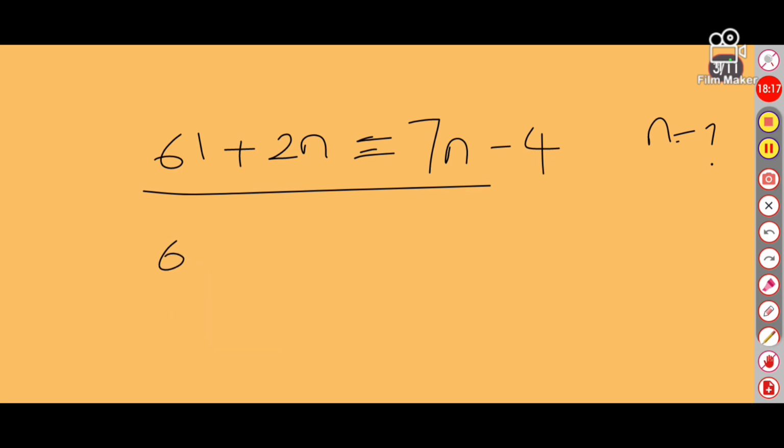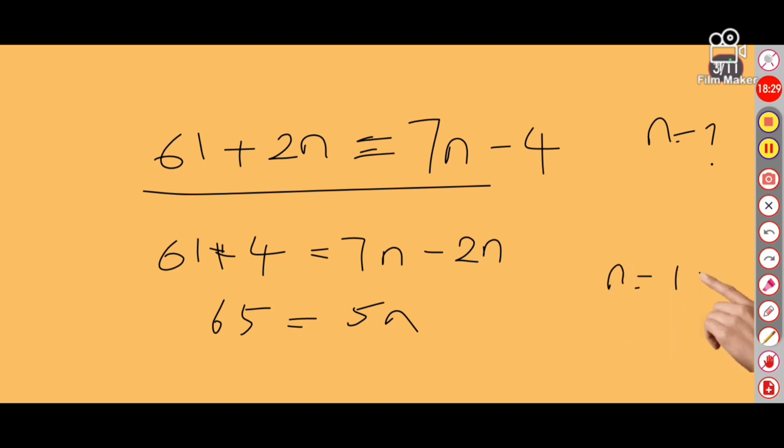Bringing constants to one side, 61 plus 4 equals 7n minus 2n. 65 equals 5n. Therefore the value of n is nothing but 13. So the 13th term of both the APs is the same, which is what is asked in question 15, right?